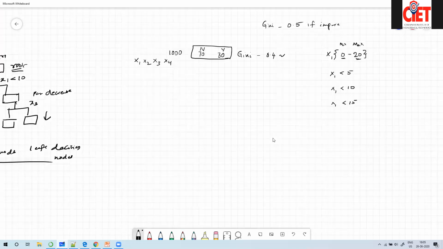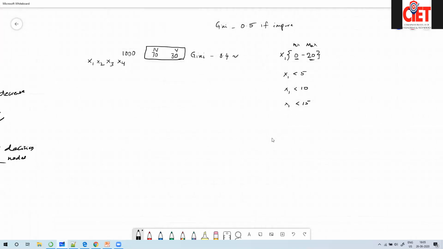Let's talk about another variable, x2. x2 is having values, let's say, between 50 and 60. x2 is a different variable and x1 is a different variable. So we have values between 50 and 60. Now in x2, I have split points like this.